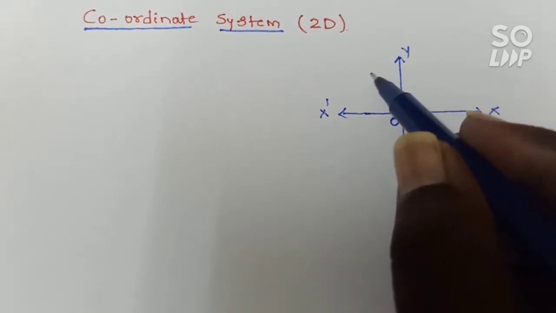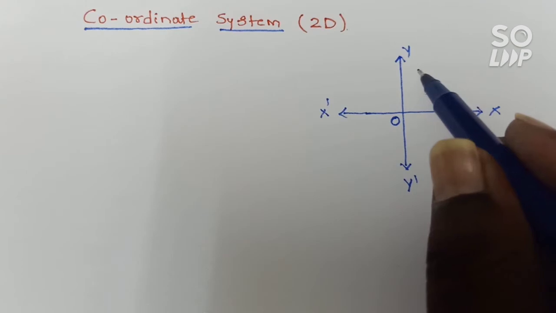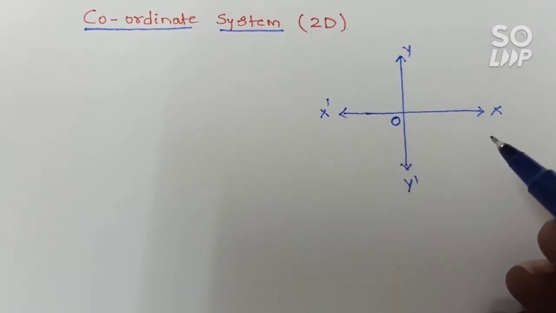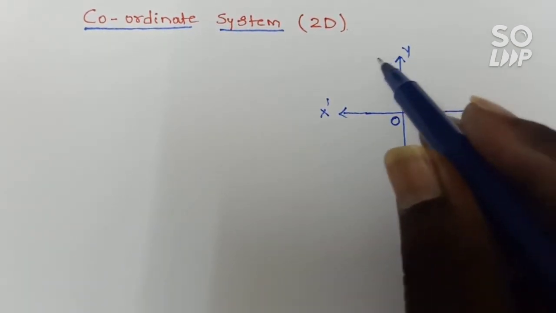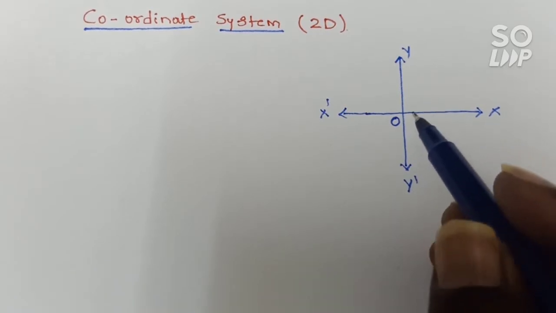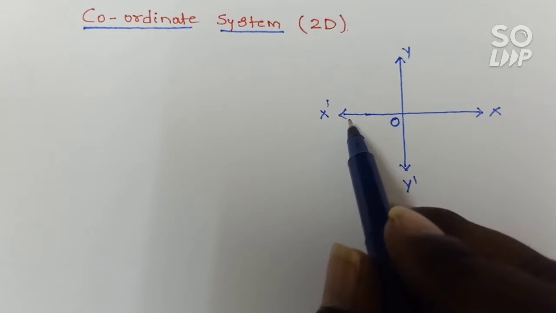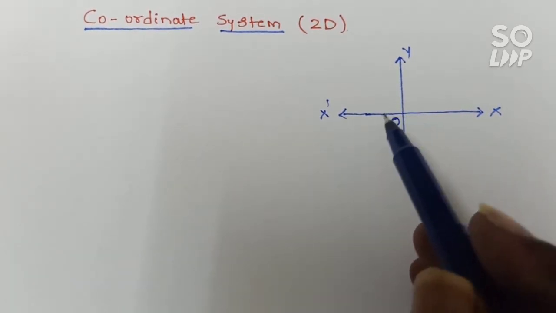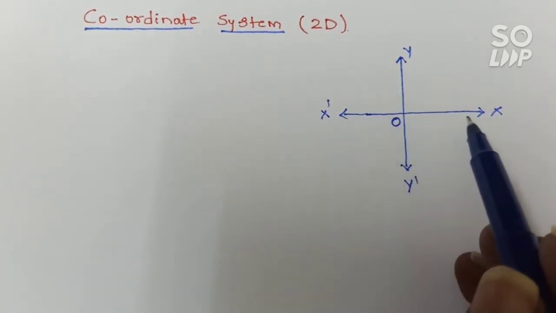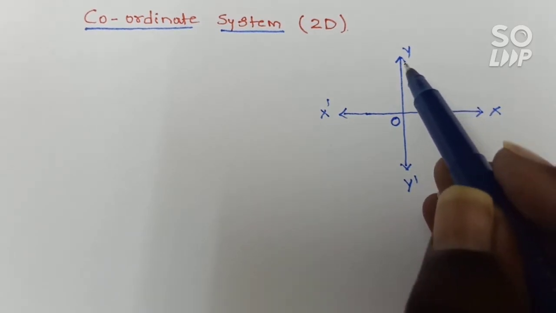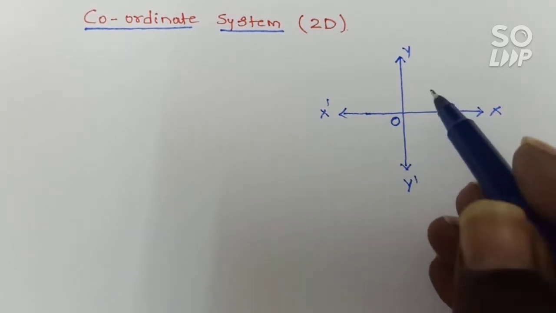Now this one is nothing but the XY plane. So here we are considering two axes. One is the x-axis and the other one is the y-axis. The horizontal line is called the x-axis and the vertical line is called the y-axis.